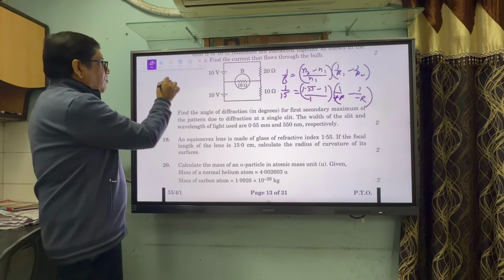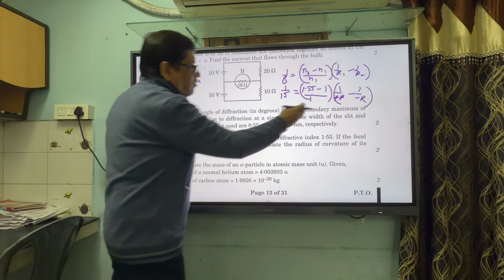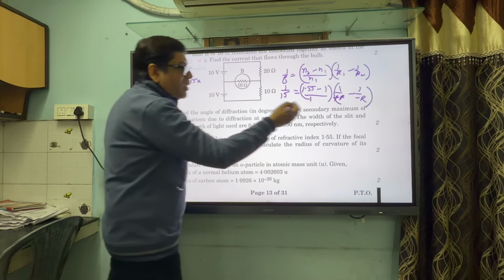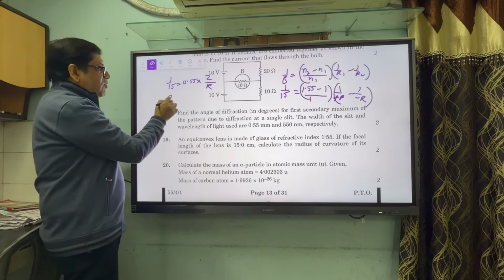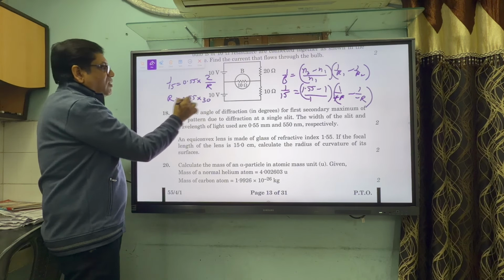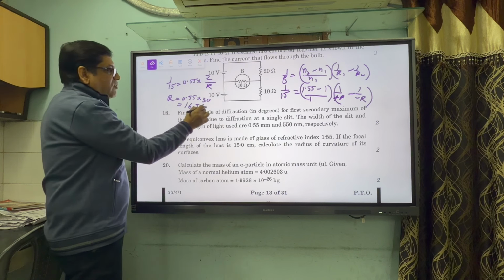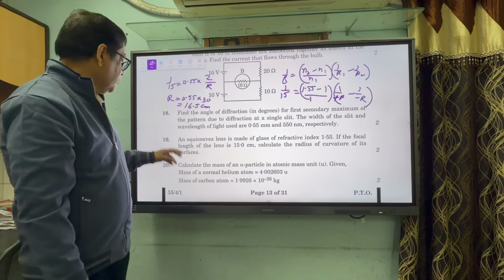This becomes 1 by 15 equals 0.55 into 1 by r, minus becomes plus, so it is 2 by r. So r will become 15 multiplied by 0.55 multiplied by 2. Answer will be 16.5 centimeter, the radius of curvature.